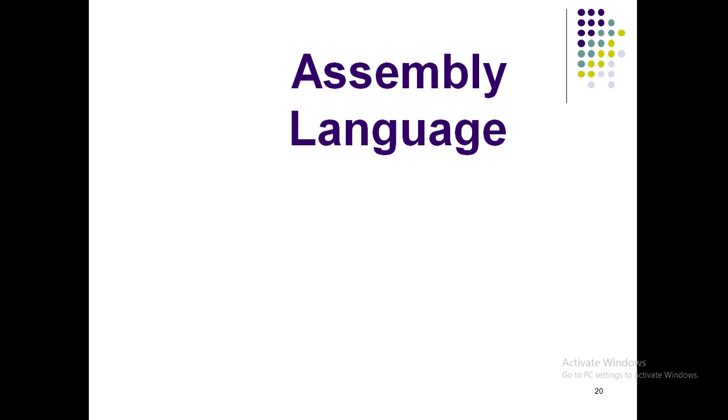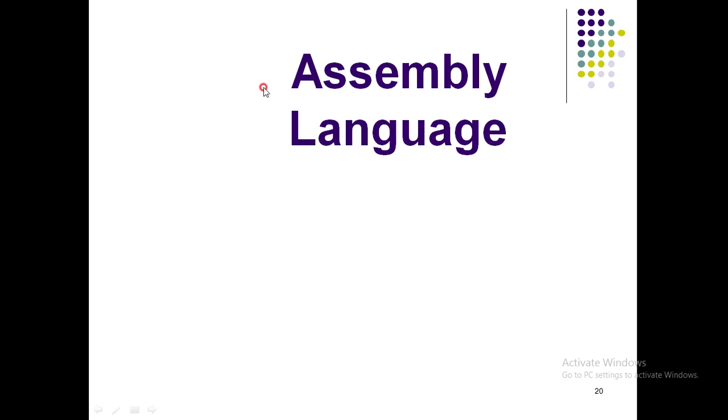For example, if I want to give a command to the computer saying copy the contents or data from C drive to D drive, then if I have to tell all these things in terms of zeros and ones, it becomes a very long code. So therefore, the inventors came up with a language called assembly language.